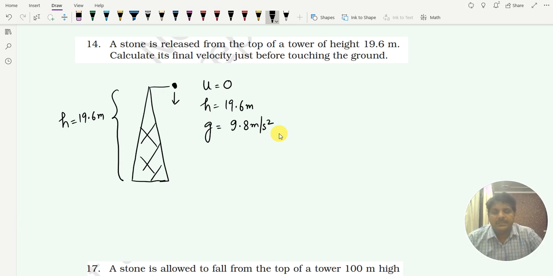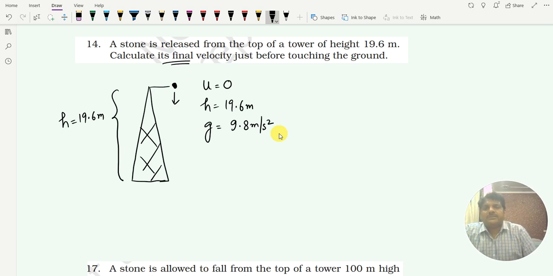If you take g is equal to 10 meter per second square and solve, you will get an answer. There is no problem in that. But the calculations would become complicated. We do not want complications. We want the questions you are doing to be done easily and in a straightforward way. So here 19.6 meter is given. 19.6 is equal to 9.8 into 2. That is why we have to take 9.8 meter per second square as acceleration due to gravity.